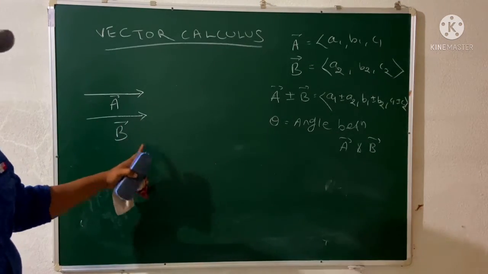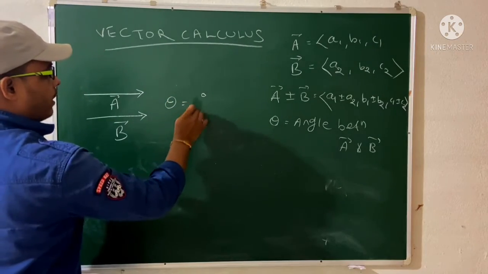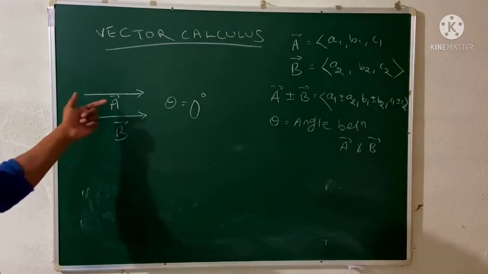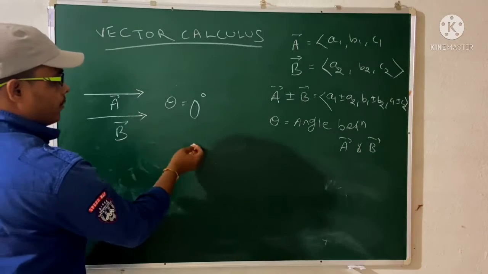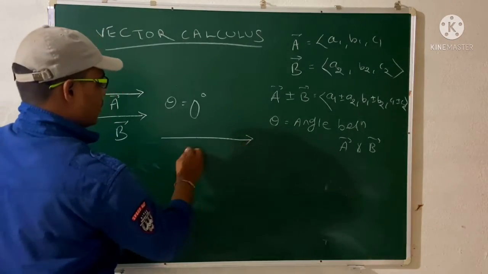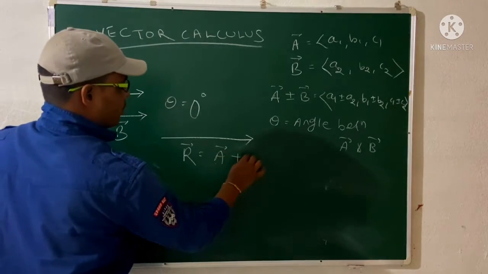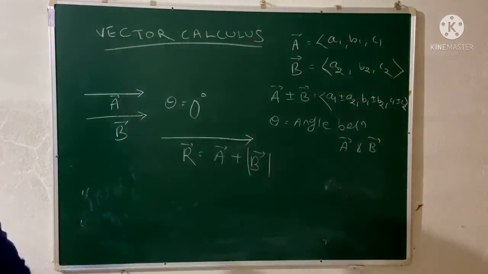When both are in the same direction, your angle is 0, so theta is 0 degrees. Remember, the direction should be equal. Then what will be the resultant vector? It is nothing but the a vector plus the b vector, and the direction will also be the same.